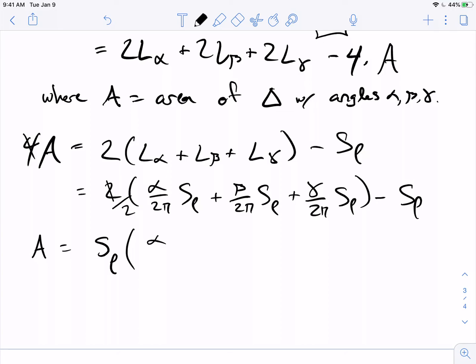Oh, my notes are wrong. This is correct. So, sorry, I was doubting myself. So alpha over 4 pi.